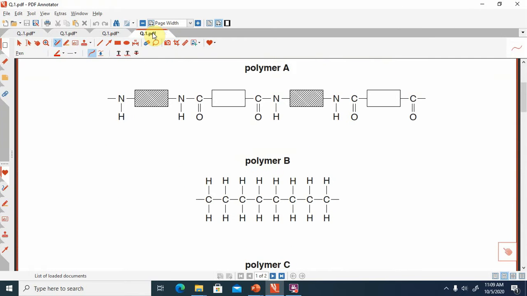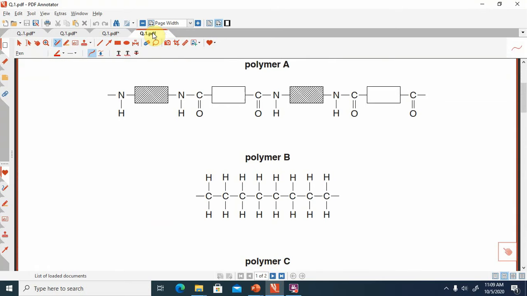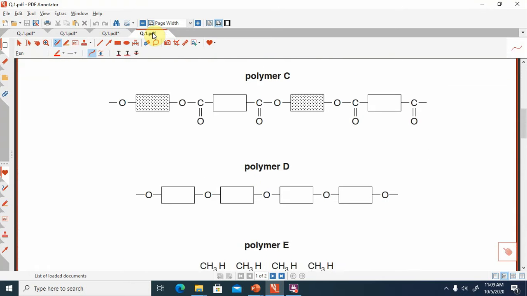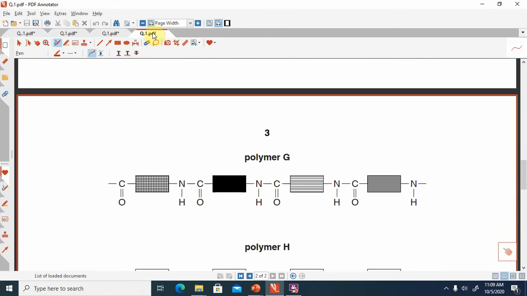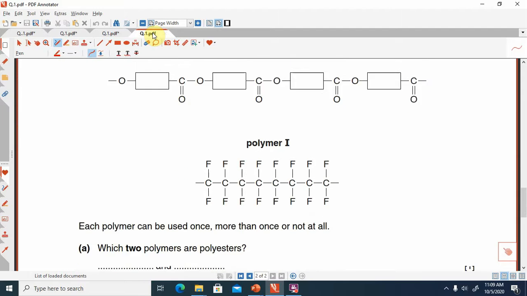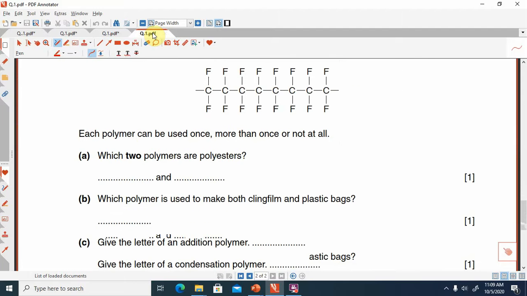These are different structures of the polymers, polymer A, polymer B. This is entirely related to the last chapter, that is polymerization, right? Each polymer can be used once, more than once, or not at all. Now look at part A: which two polymers are polyesters? Which of these above two have the polyester linkage?